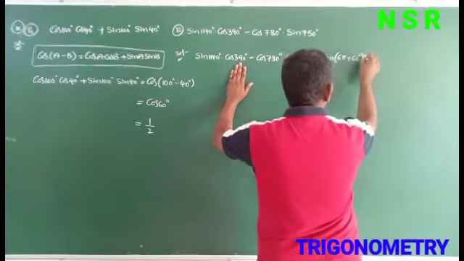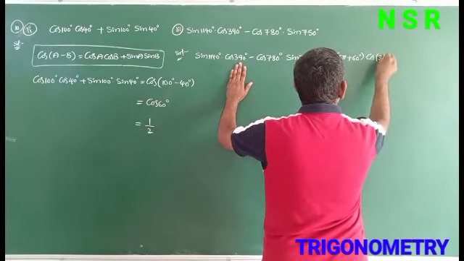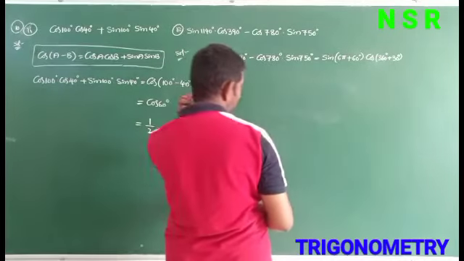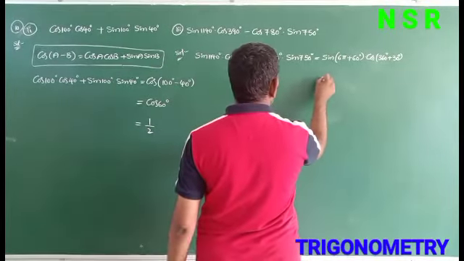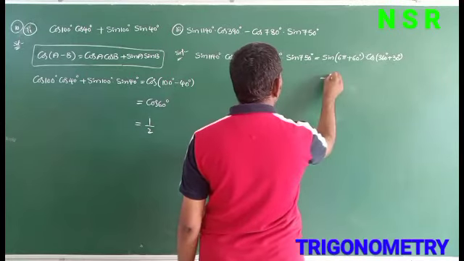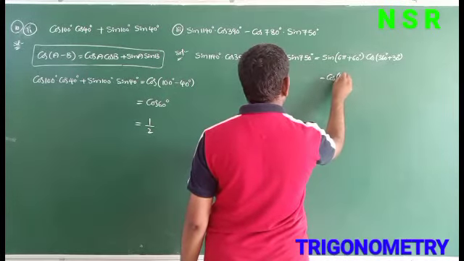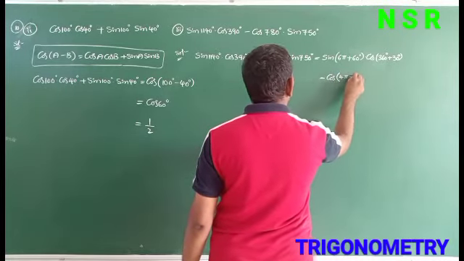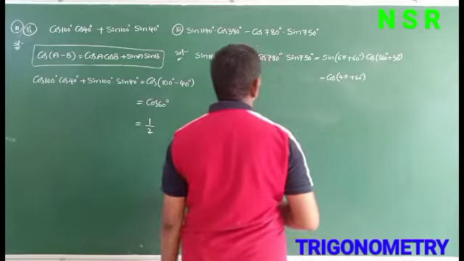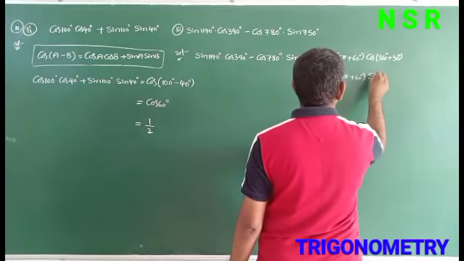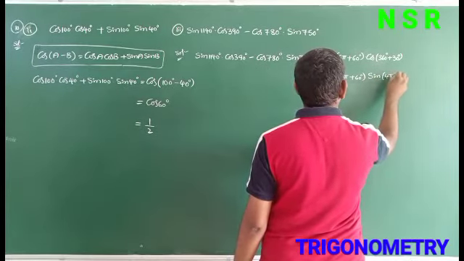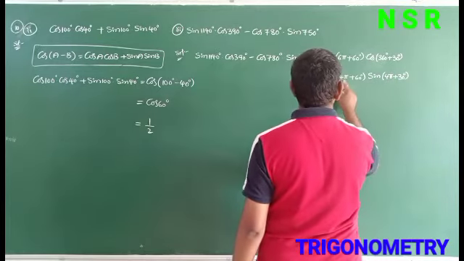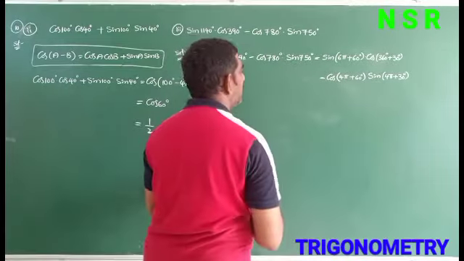Next, 390 we can write as 360 plus 30. Next, minus cos 780, which is near 720, so cos(4 pi plus 60), and this one also sin(4 pi plus 30). 720 plus 30 is 750, and 720 plus 60 is 780.